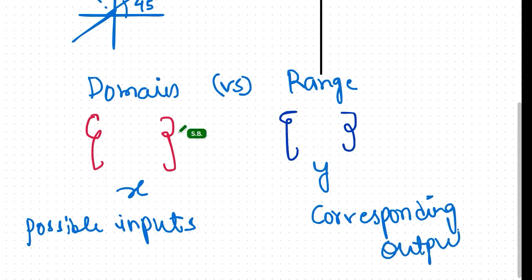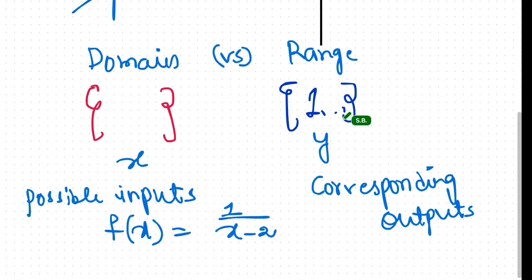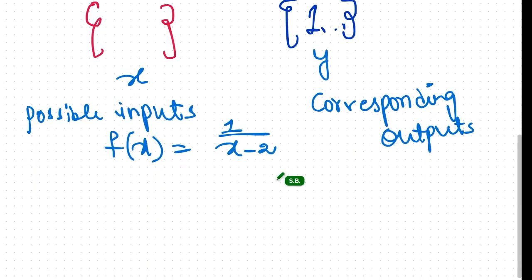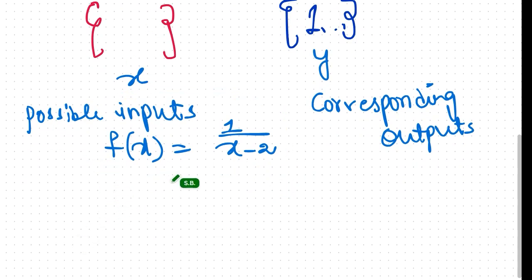See, let's say I consider a random function, f of x is equal to 1 by x minus 2. Can you tell me the domain of this function f? It's all real numbers.